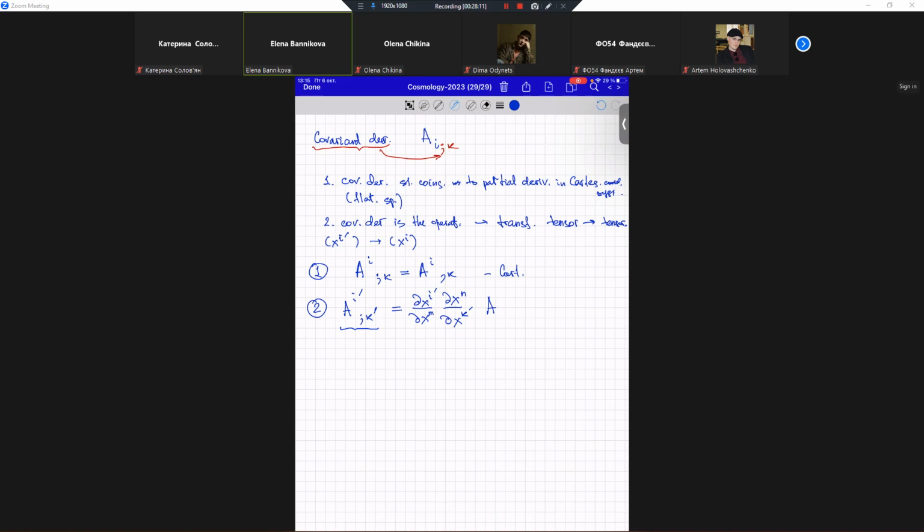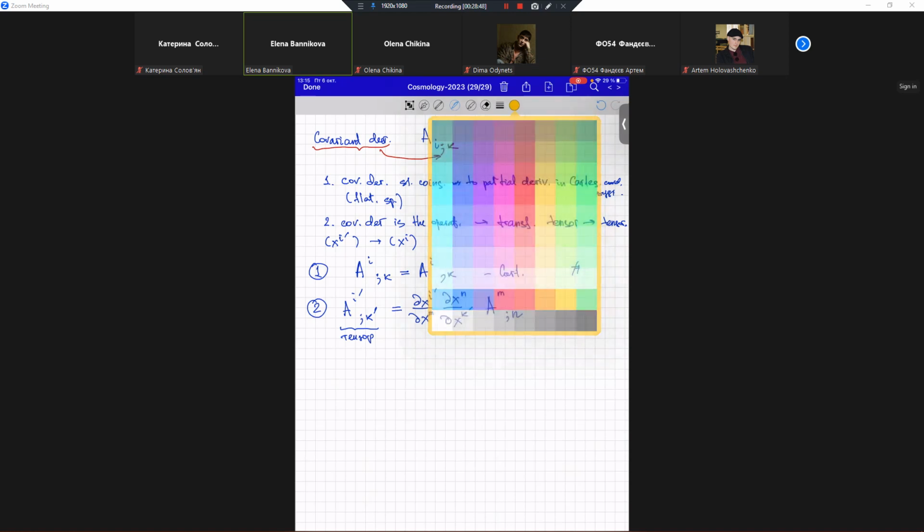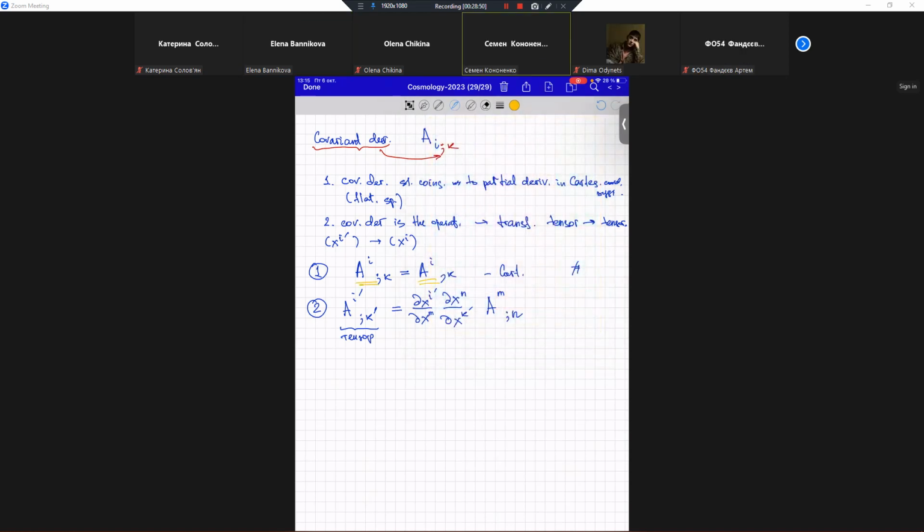So here index below I put it here, like this. So just consider it as a transformation of a tensor. This is a tensor, and of course we apply this rule for tensors. Now we will use this one, and instead of A^i_k we will put this one. Instead of this one, I will put this one.